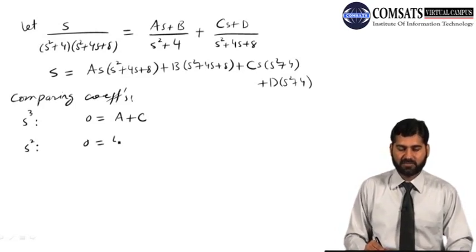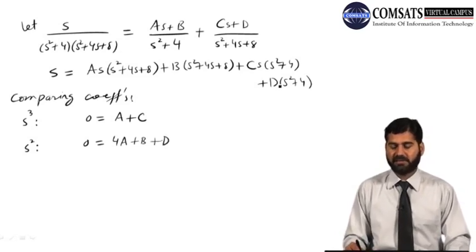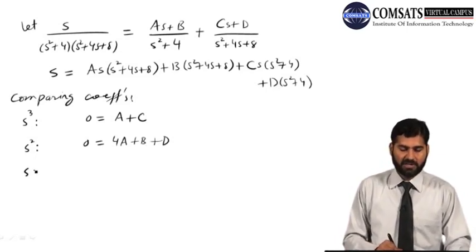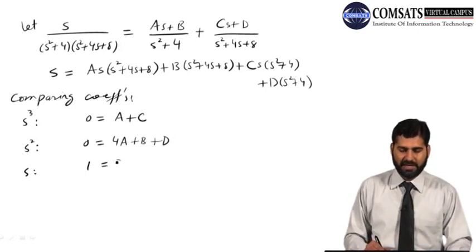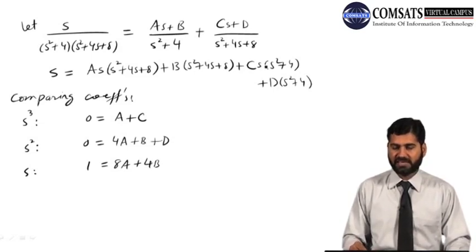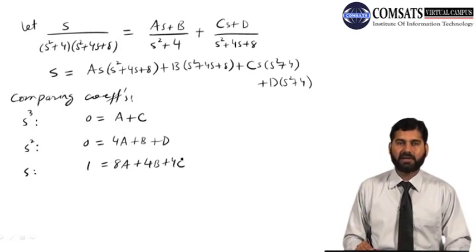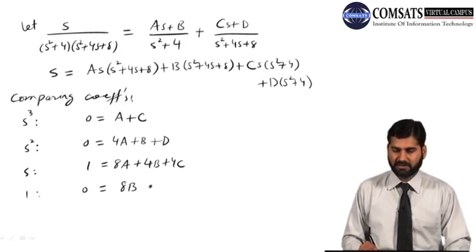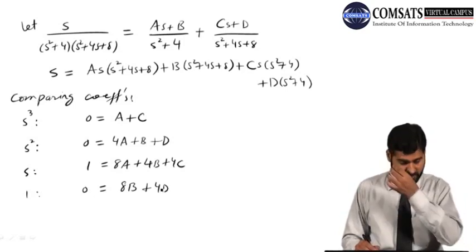This is 4a from here, b from here, and d, because there is no s square in this term, here it's d s square. Comparing the coefficient of s, you get 1 equals 8a plus 4b plus 4c. These are the coefficients of s. And the constants are 0: the constant is 8b plus 4d. So this is what you are getting.